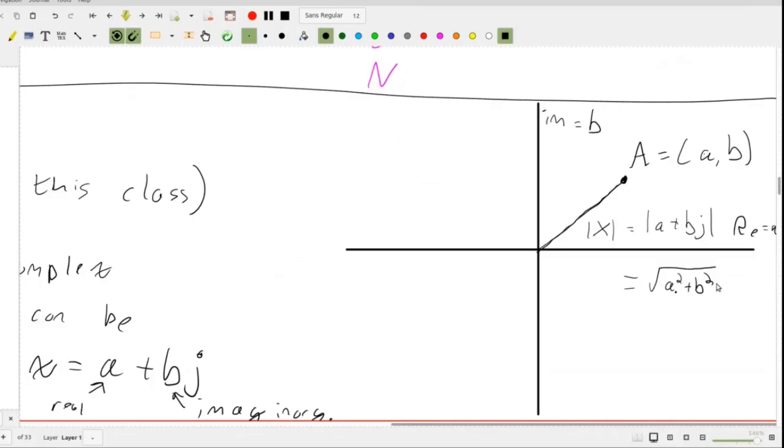The other thing that we're going to be interested in here is our conjugate pair. Where's the conjugate of A? Conjugate's a negative, that's how I always think of it. Is it a negative about the imaginary or a negative about the real?